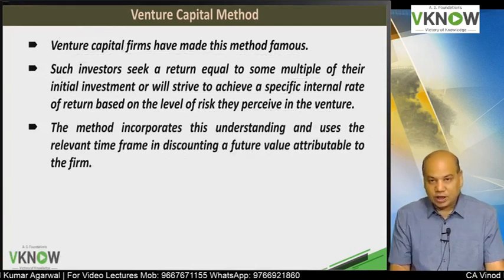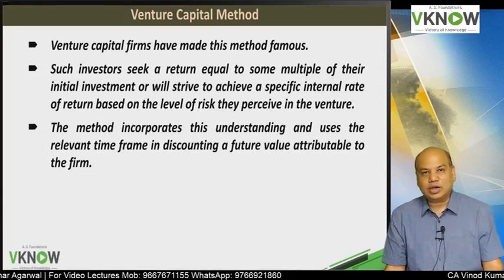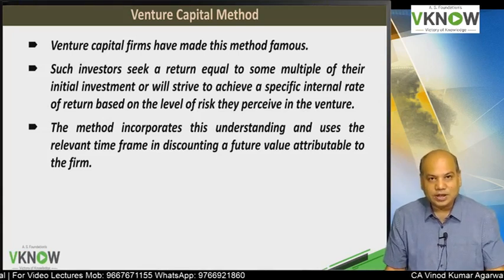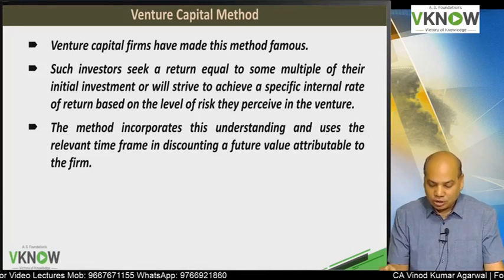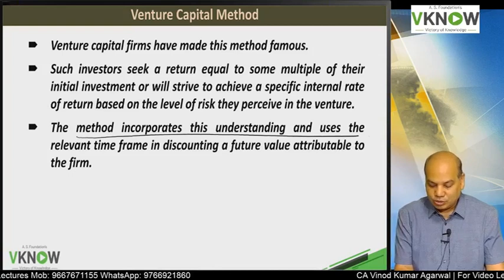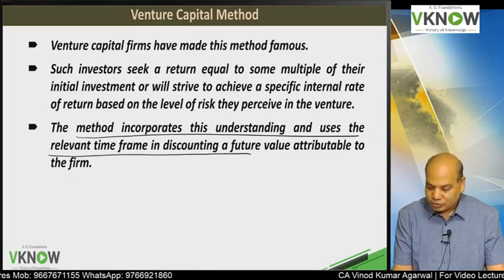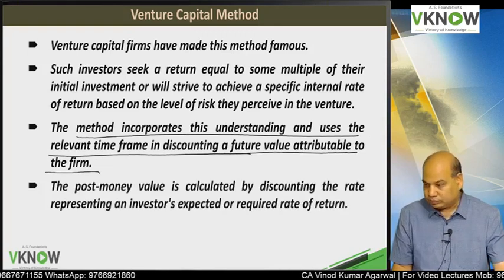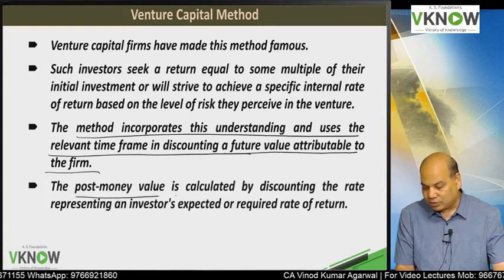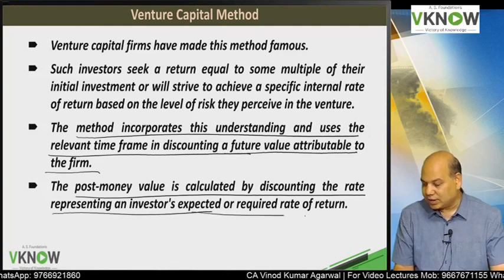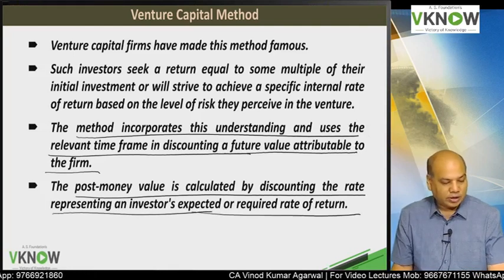So this is venture capital method, where they calculate what will be the amount they will realize after a certain time period based on multiple or IRR. The method incorporates the understanding and uses the relevant time frame in discounting a future value attributable to the firm. The post money is calculated by discounting the rate representing an investor's expected or required rate of return.